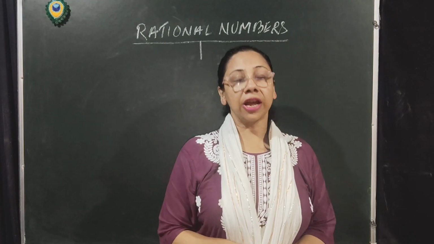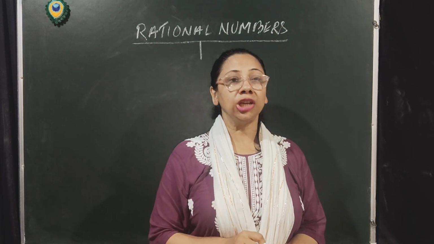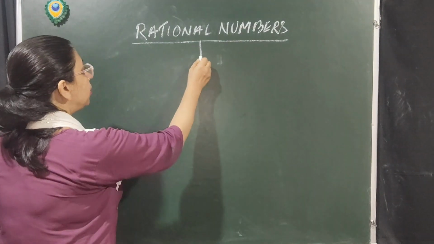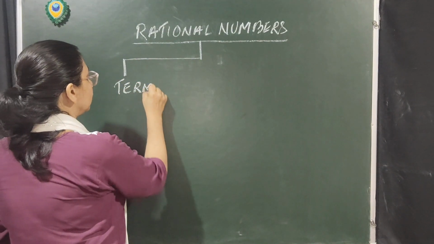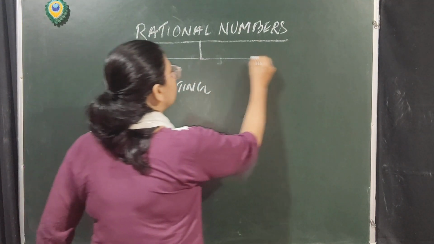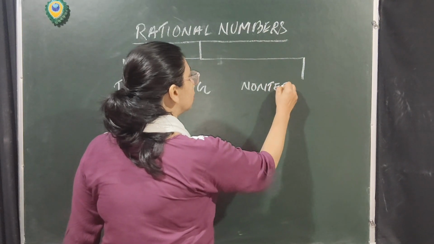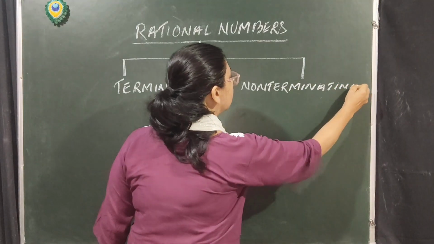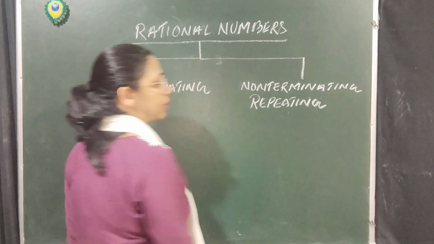Rational numbers. Rational numbers can be divided into two types of decimals. What are they? Number one is terminating and number two is non-terminating, repeating decimals.